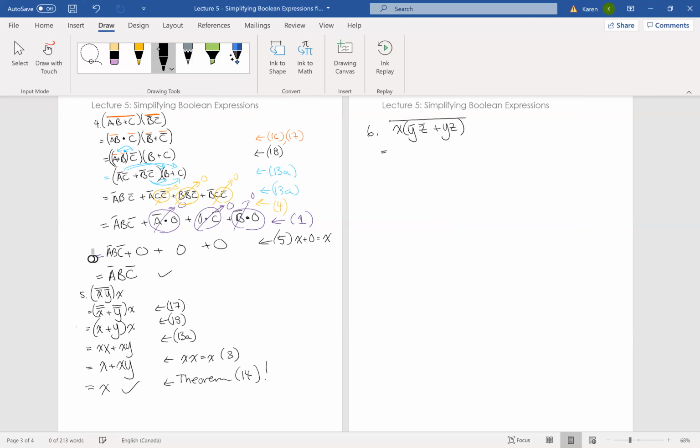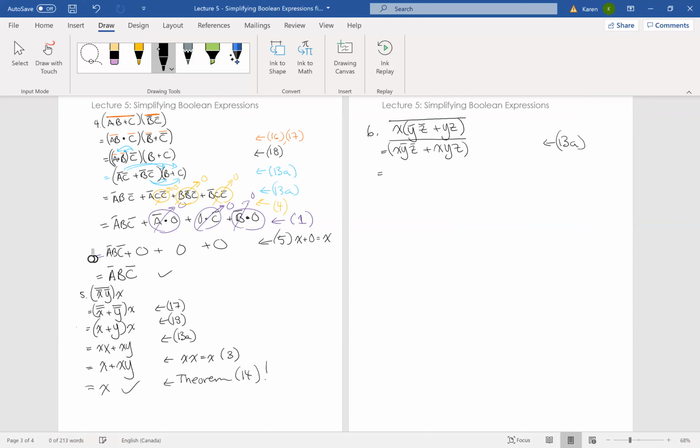Well, I'm going to first use De Morgan's. Actually, you know what? Before using De Morgan's, I'm actually going to expand. I'm going to use 13a, all inverted.